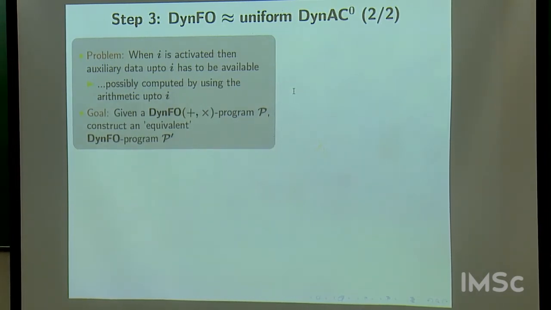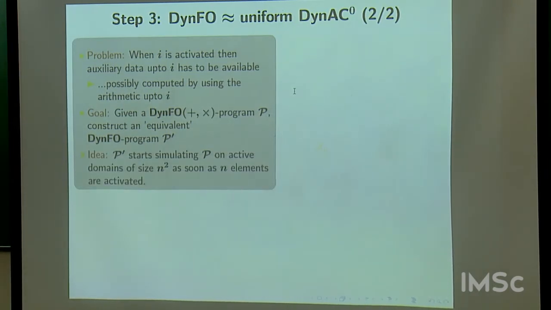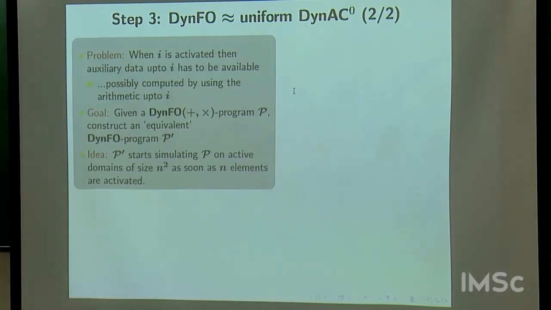So we want to simulate a dynamic first-order plus-and-multiply program P by considering an equivalent Dyn-FO program P prime. P prime starts simulating P on active domains of size n squared as soon as n elements are available.